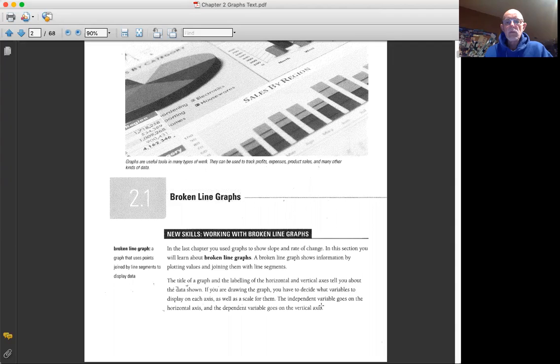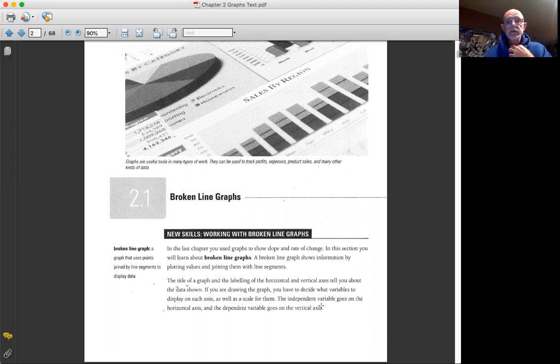And what they're used for is to answer questions that you would not normally be able to pose or respond to if all of the data was just in a table form. It was just listed out, and you looked at the data and you were asked a question about it, you probably couldn't answer it. But if you graph it, then you can.